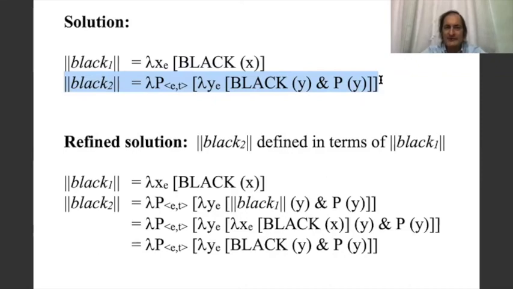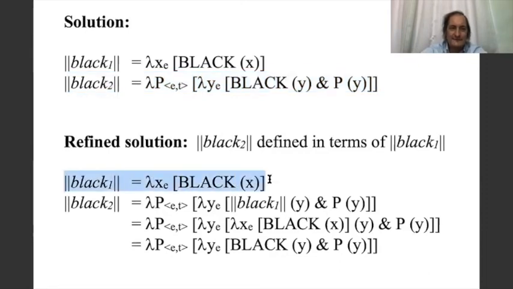And down below, we can see how that rule would work. The rule is, if you have something like black 1 here, you can plug that meaning into here to create a new black 2. We've given all of the extra bits here and here that are needed to make that work. We plug the translation of black 1 here.